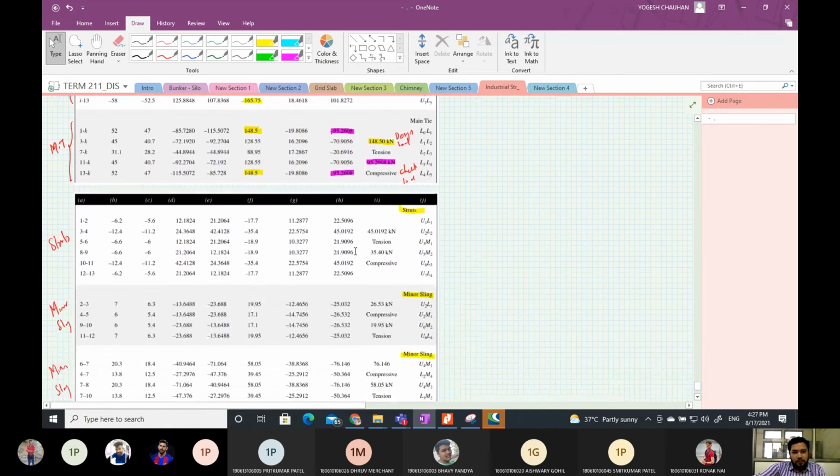Same way for all these members. These members are in compression under gravity loading, so these are basically compression members. The maximum compressive force is 35.4, so this is the design load, and the maximum tension is 45.192. So that is the check load.